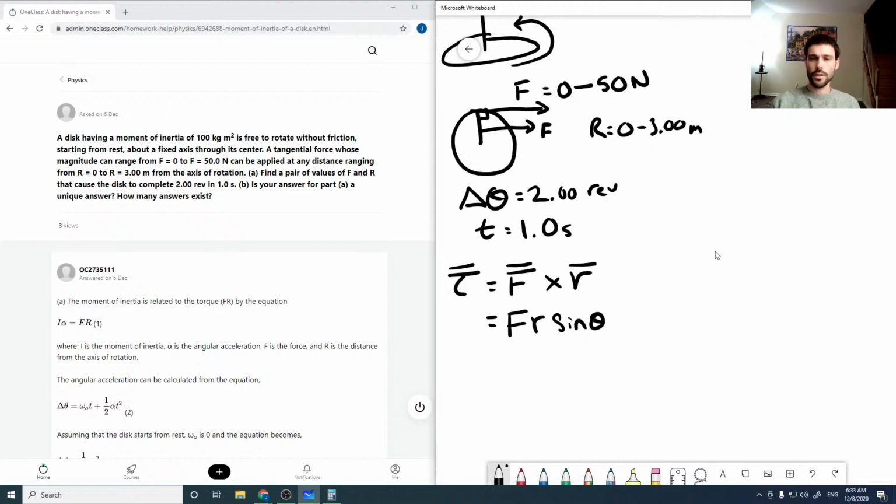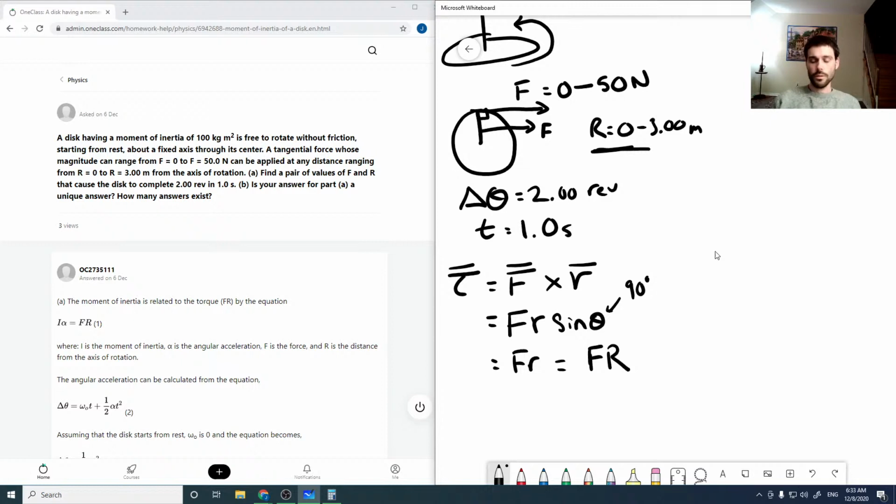As it's tangential, this angle is 90 degrees. The sine of 90 is 1, and so this is just the force times the radius, which is our torque.